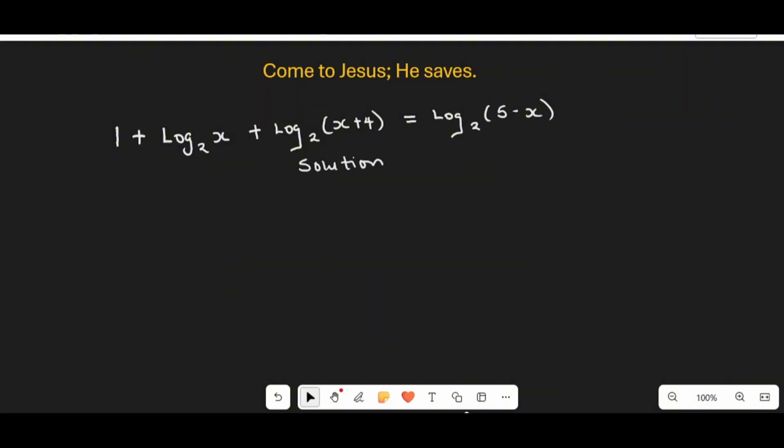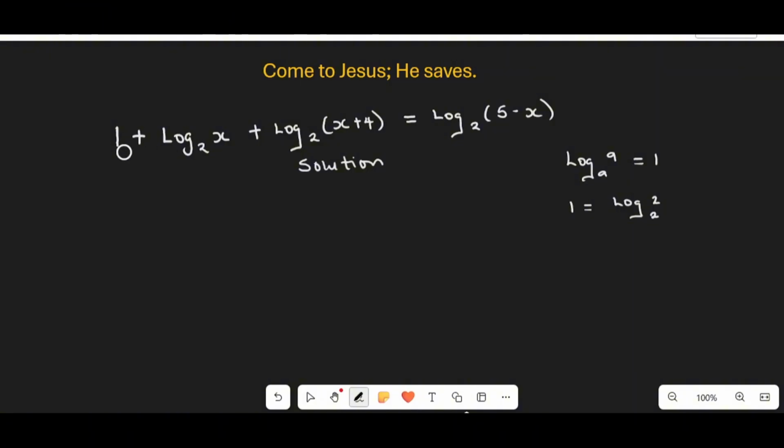First, let's rewrite 1. I want you to recall that log a base a equals 1. So we can say 1 equals log 2 base 2.